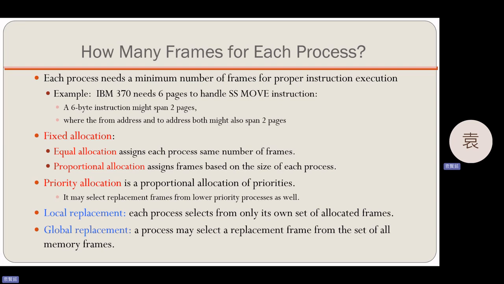So in general, the priority allocation usually will be associated with global replacement. Okay, so that's the design consideration. When we design this page replacement mechanism and manage the physical frame numbers associated with each process, you need to consider these factors also.